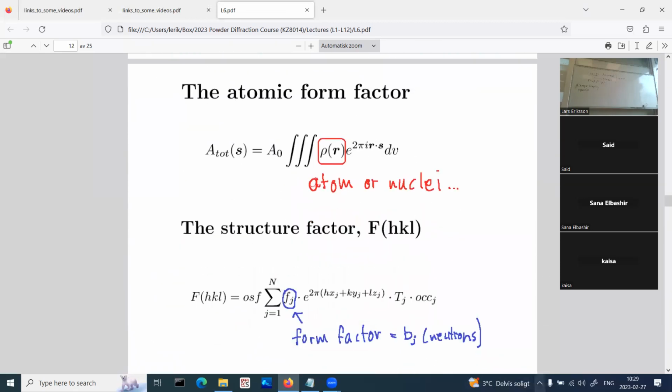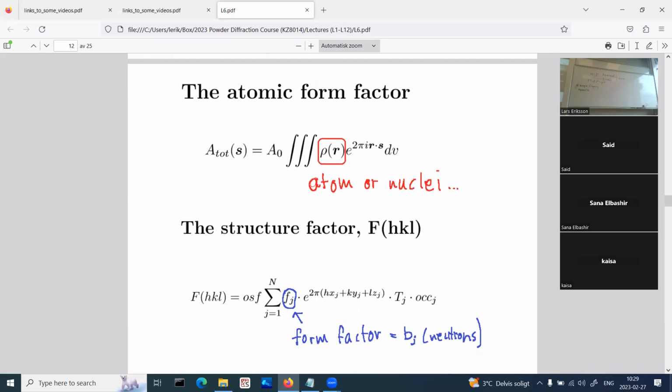This intensity, we can perhaps factorize it so that it occurs from both the atoms. The atom is perhaps a continuous density distribution.